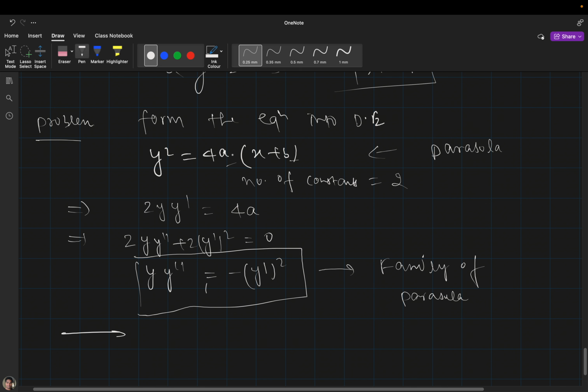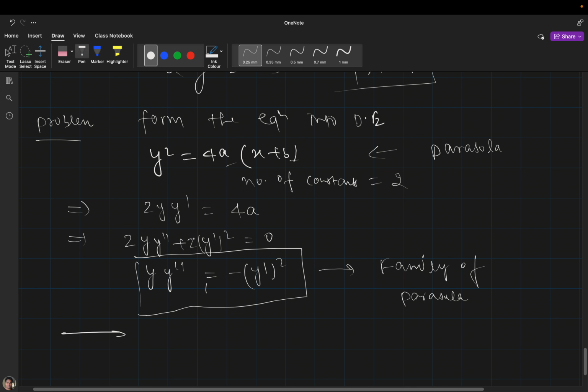Then if you substitute a and b into this equation, you will get a particular solution, which means that there is only one solution, or you can also say that it is a unique solution. But right now it is a family. Fine or not?